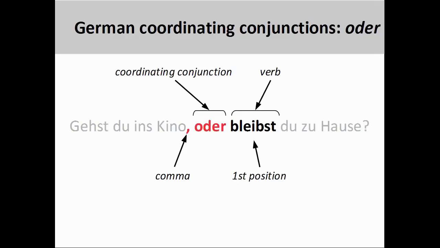Be sure to note that both clauses, which are questions, have a second person singular present tense verb in the first position. As you recall, German forms questions through the use of interrogative pronouns, such as wer, who, and by putting the verb in the first position at the beginning of a sentence. The coordinating conjunction oder, therefore, does not alter the syntax of the second independent clause.